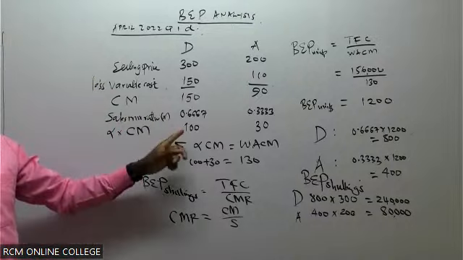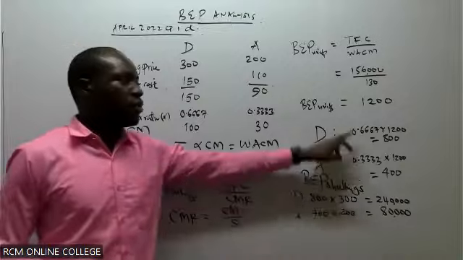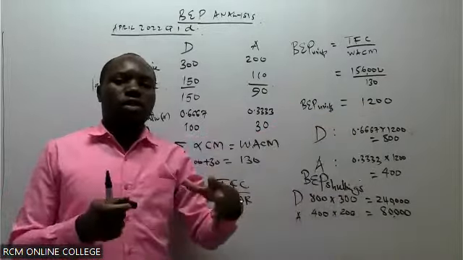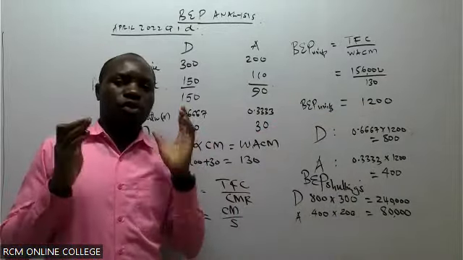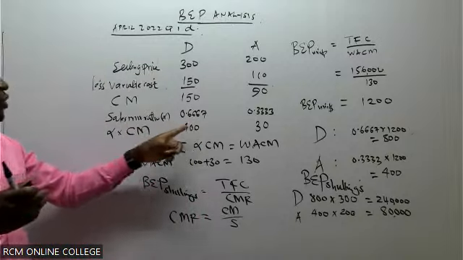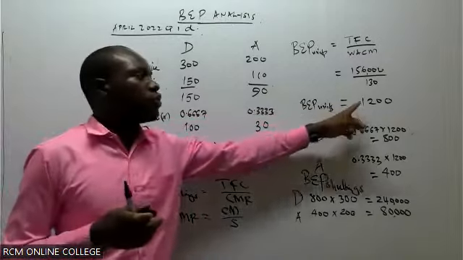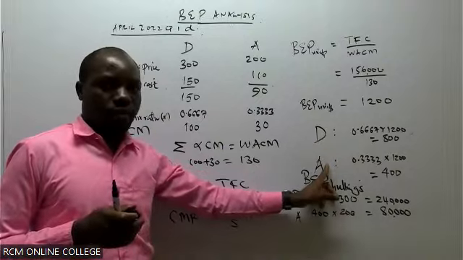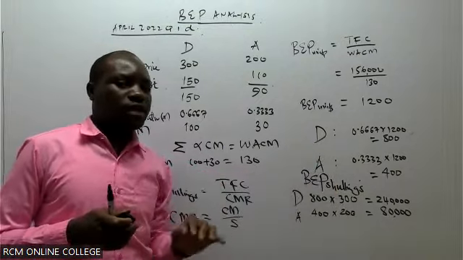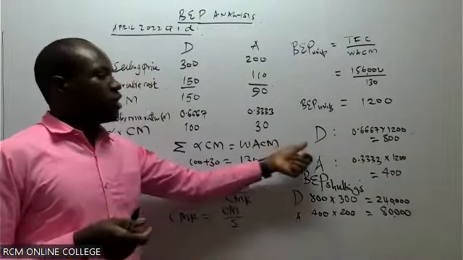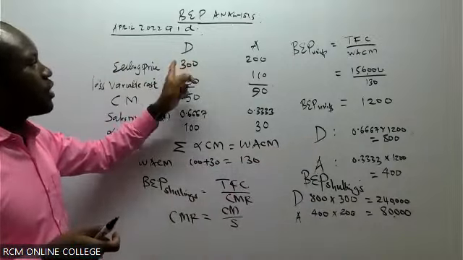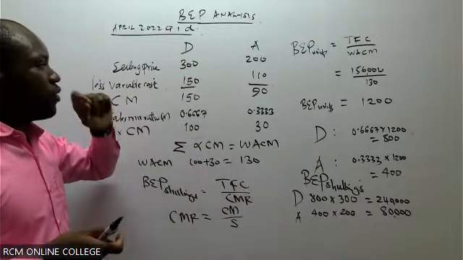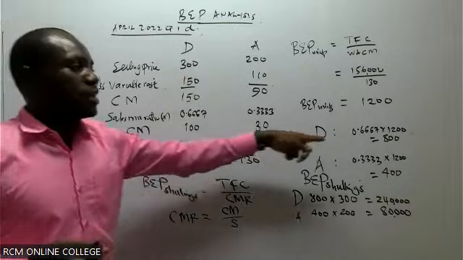Now, once you have been able to calculate the break-even point as 1200, what are we going to use to proportion? To do what? To proportion the 1200 units to product D and A. You cannot assume and say, because D is having 300 shillings per unit, we are now going to give it the highest number of units.